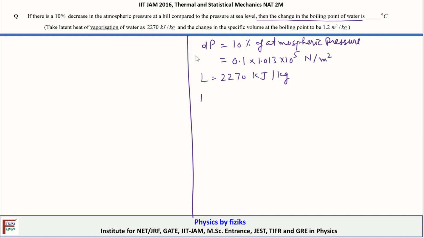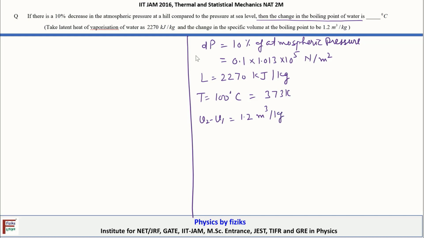The boiling point is 100 degrees Celsius, which is nothing but 373 Kelvin, and the change in specific volume, that is V2 minus V1, is given as 1.2 meter cube per kg.